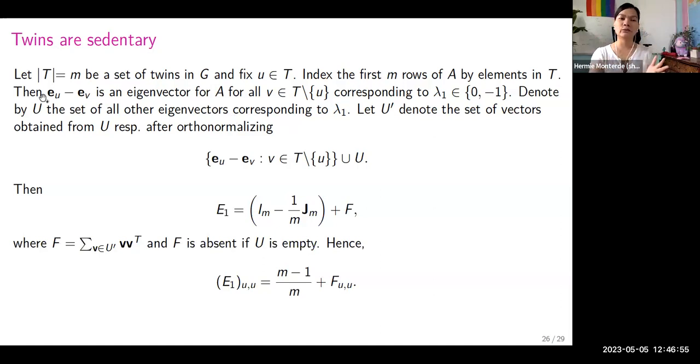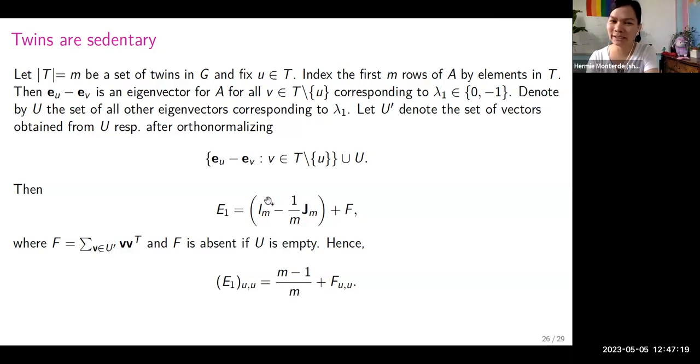The thing is, since we already know these are eigenvectors, if I take an orthonormal basis of eigenvectors corresponding to either 0 or -1, these vectors can be orthonormalized. But you could also have other vectors, eigenvectors corresponding to 0. And that's exactly the F that I'm talking about here.